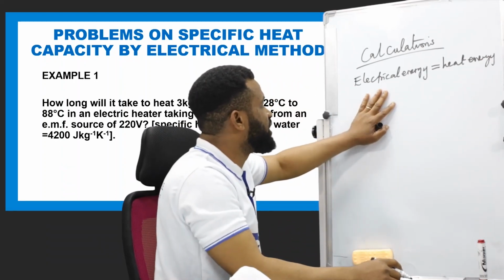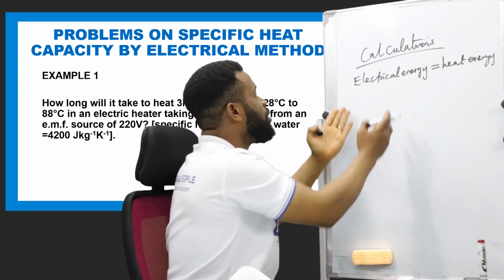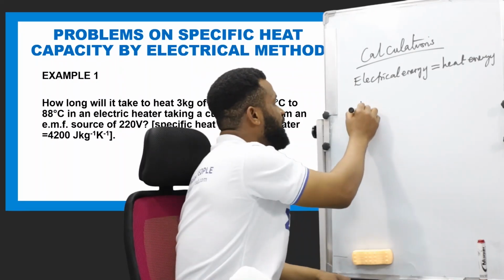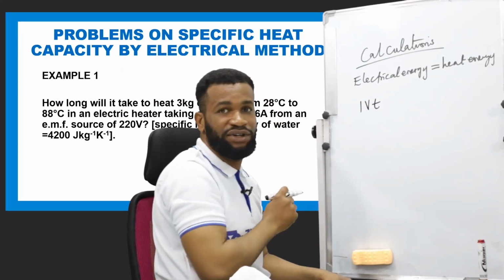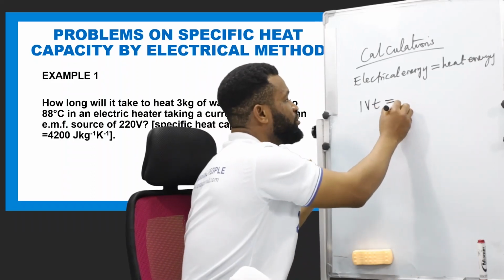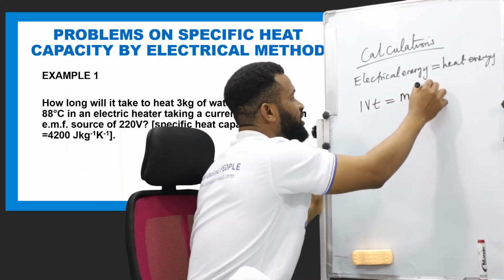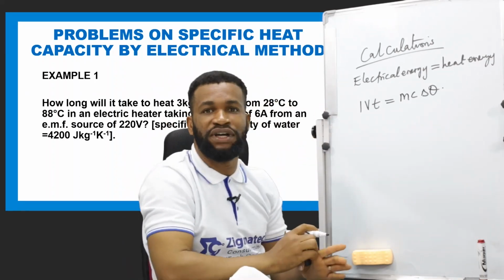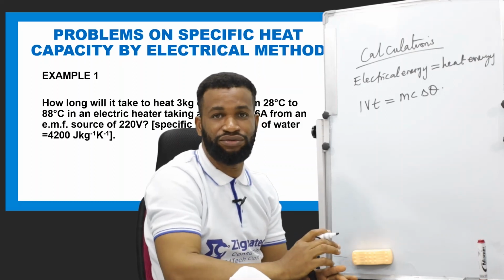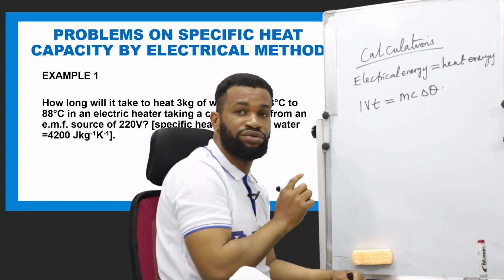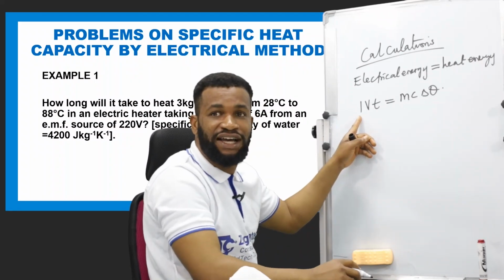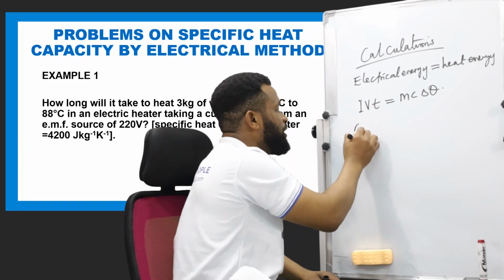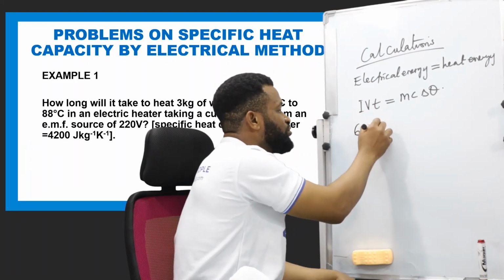Remember, IVT is the electrical energy, and this is equal to MC change in theta, which is the heat energy. On this principle we base our explanation and solution. The current I is 6 ampere, so instead of I, I'm going to put 6 ampere multiplied by V, which is 220 volts.